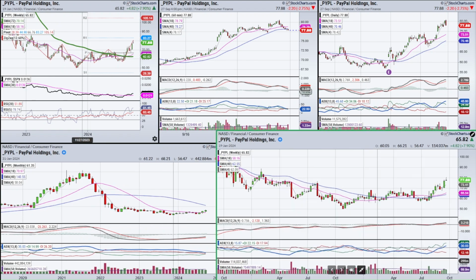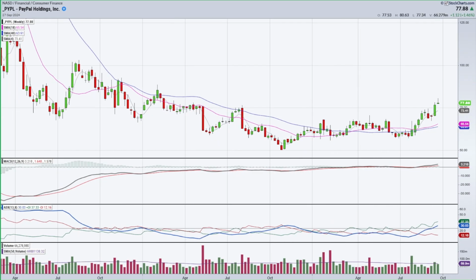Now, when we look at the weekly chart, we're essentially in a low ADX condition. Green is actually above, which is a really good sign. But if you look at where it broke out from, let me draw this out a little better. You can see that we were up 1, 2, 3, 4 weeks.